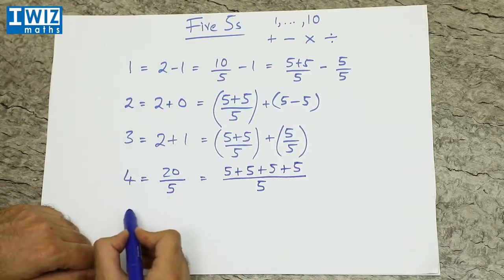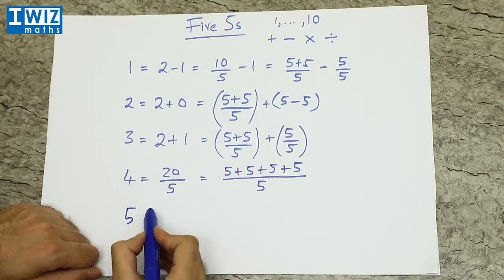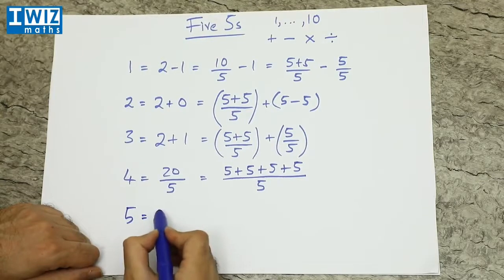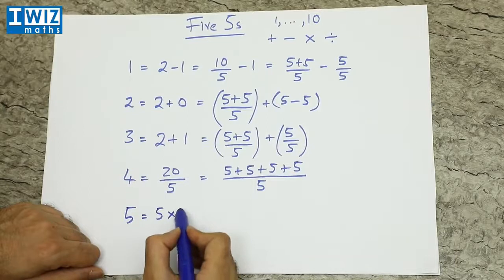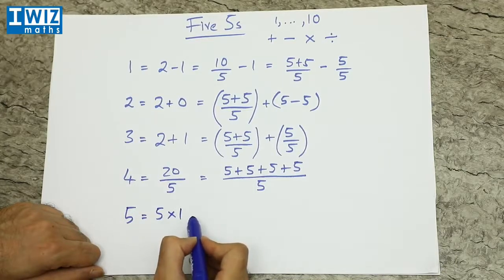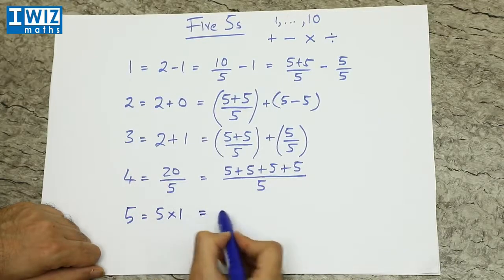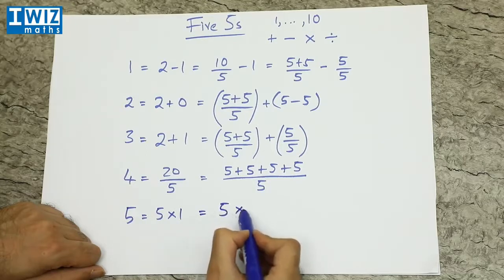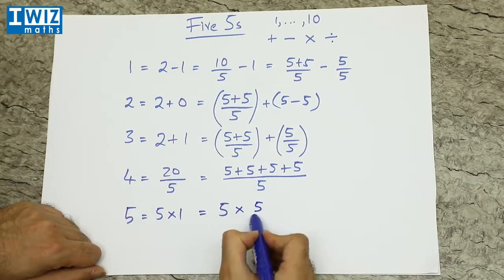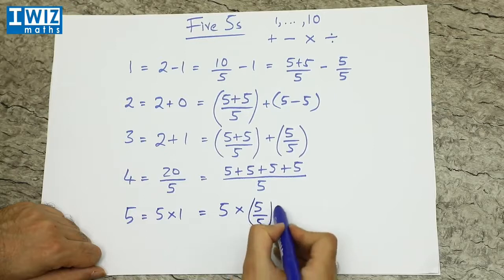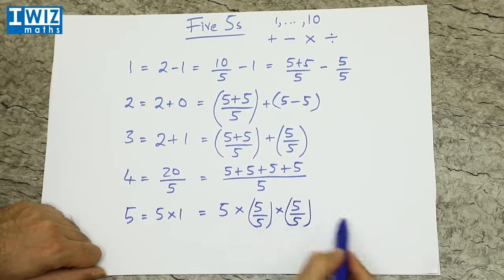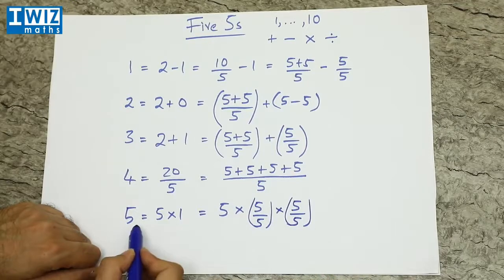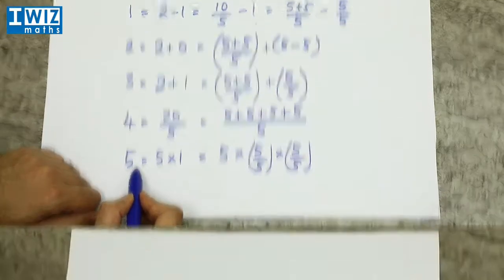Now if you want to get to the number 5 itself, 5 can be written as 5 times 1, which can be written as 5 times 5 divided by 5 times 5 divided by 5, which gets us 5.